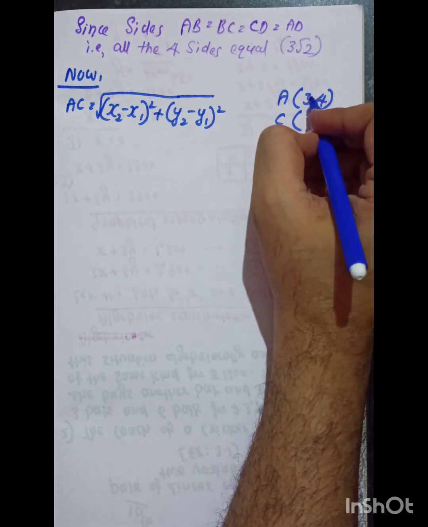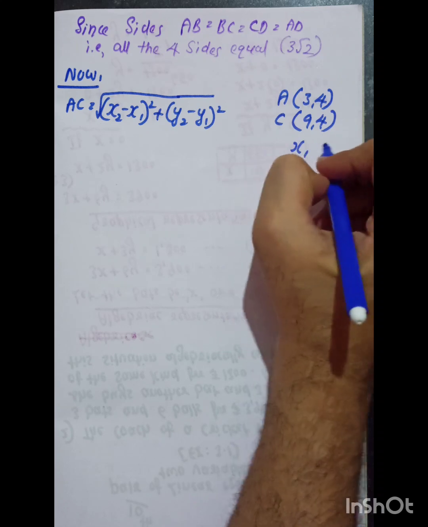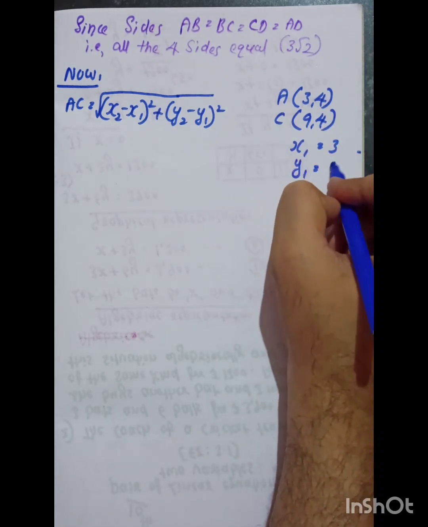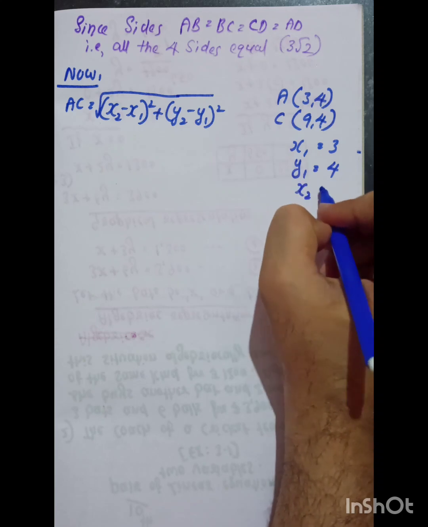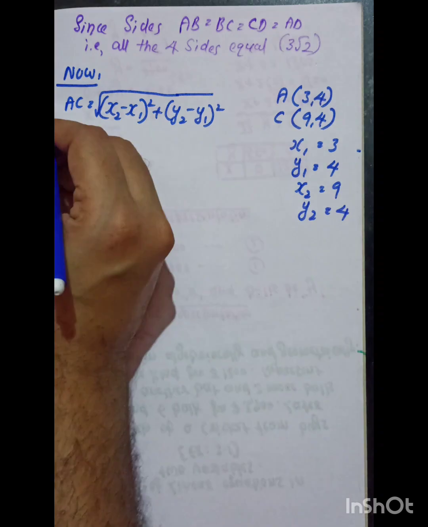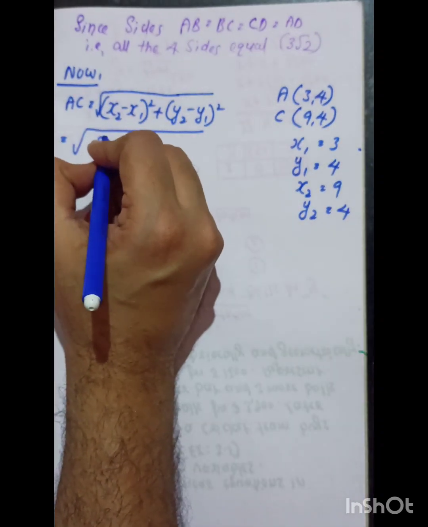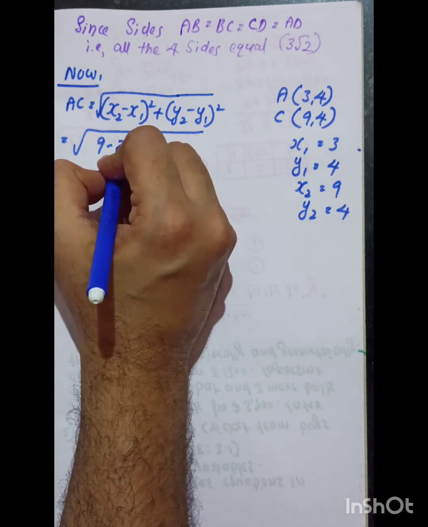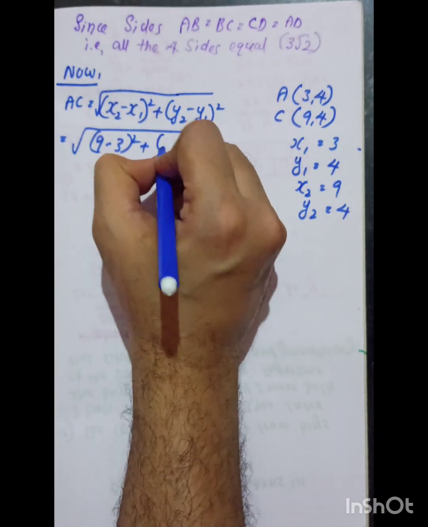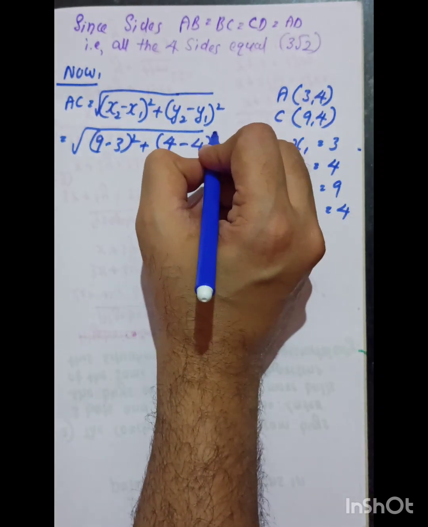C means 9, 4. x1 is 3, y1 is 4, x2 is 9, y2 is 4. x2 9 minus 3 whole square plus y2 4 minus y1 4.